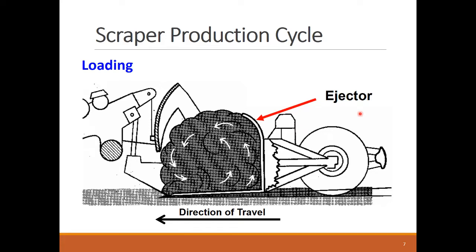This piece in the back is called the ejector. It stays still during the loading step and will be the main part in dumping, like we'll see later. Once the desired scraper load is achieved, the bowl is lifted and the apron is closed.